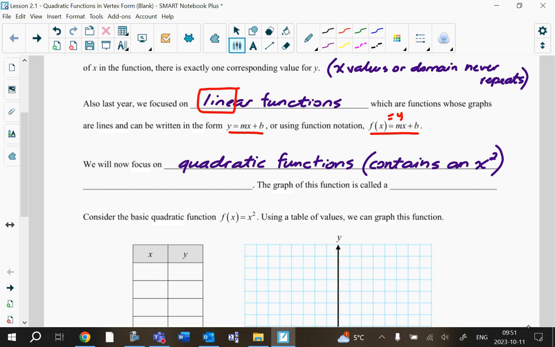So examples would be like y equals x squared. F of x equals x squared plus 5. We can put numbers around it.